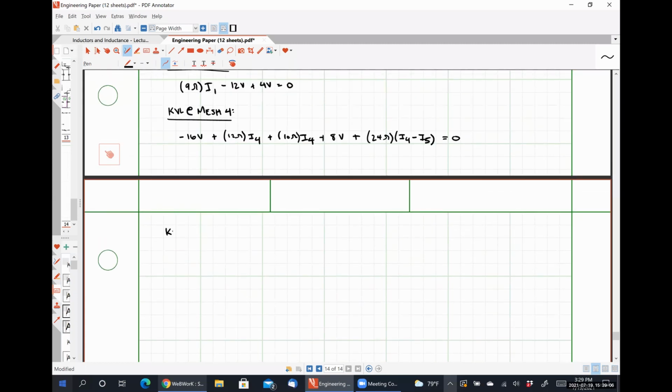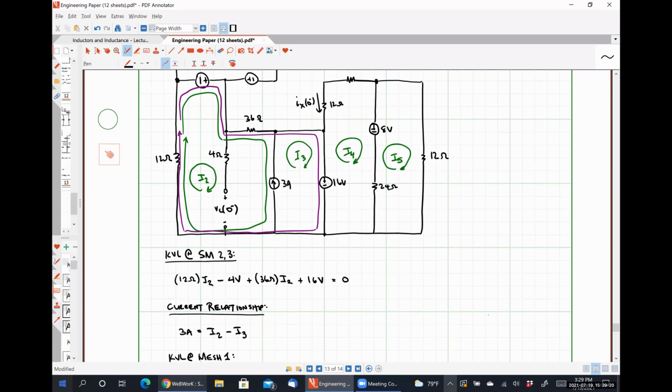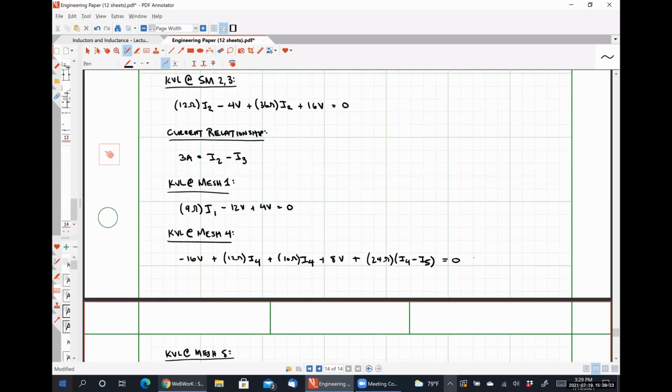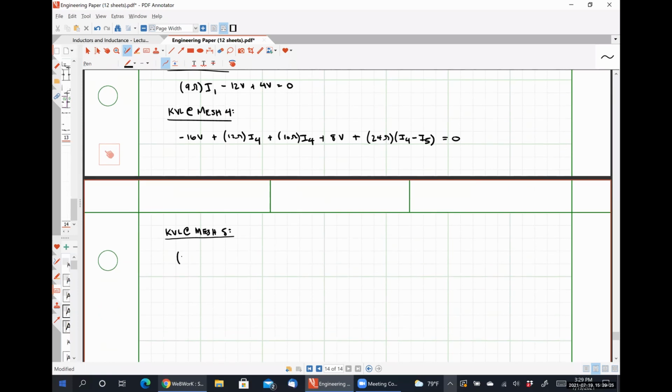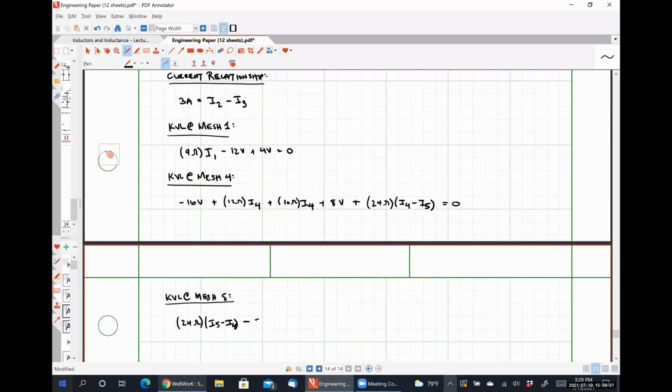And I will next have KVL at mesh 5. And so let's see, it's going to be 24 times I5 minus I4, minus 8, plus 12 ohms times I5 is equal to 0.